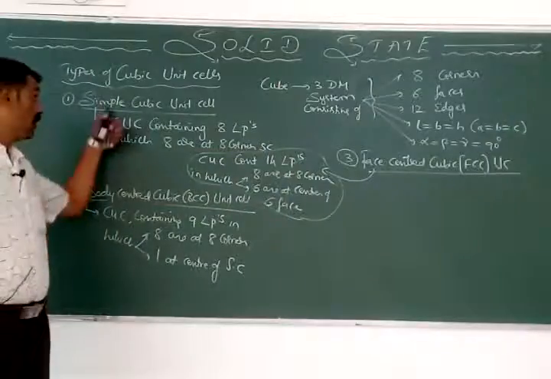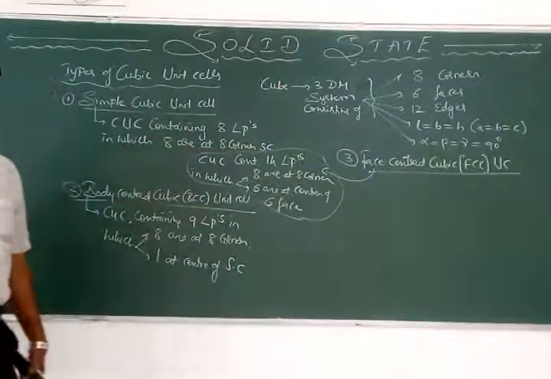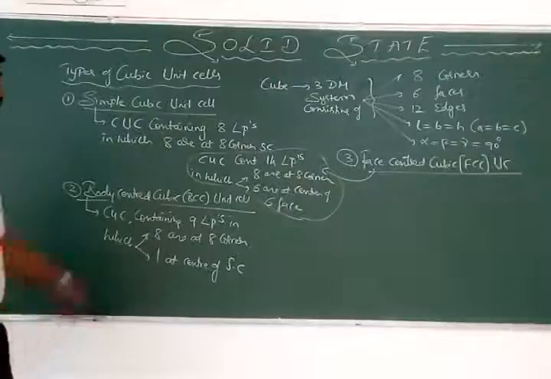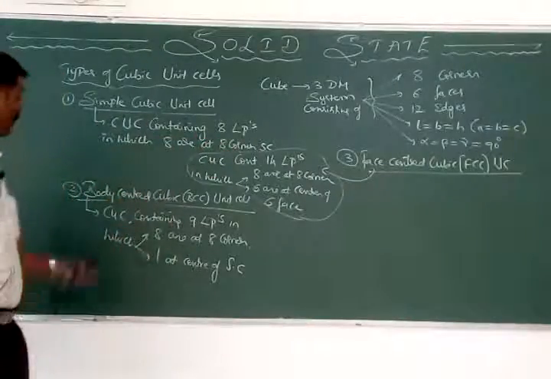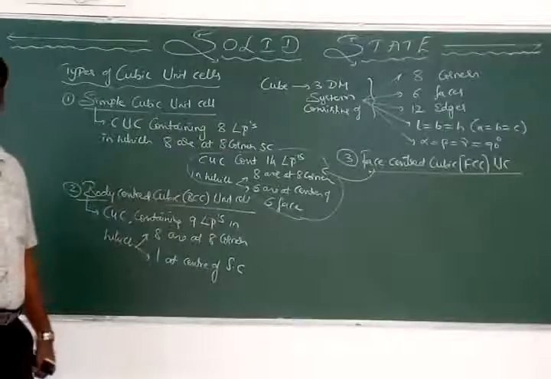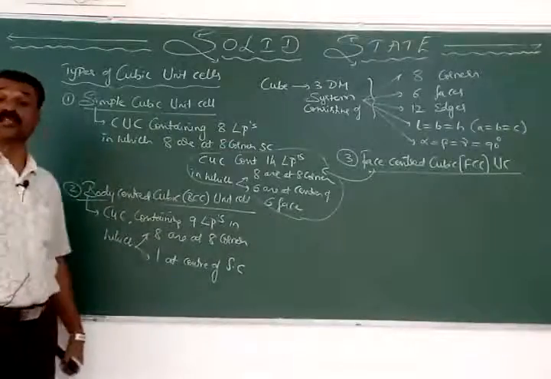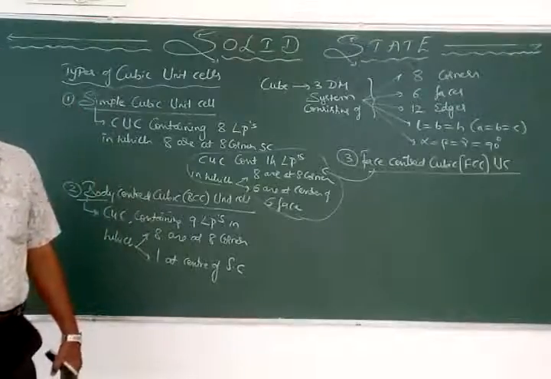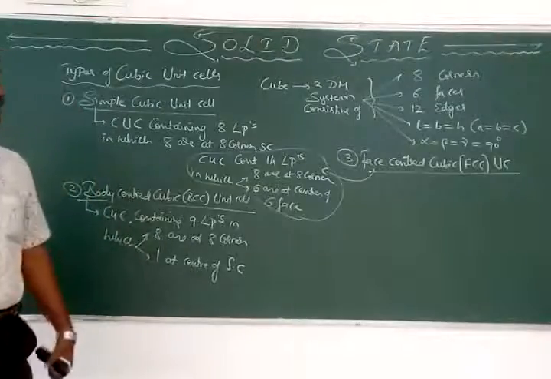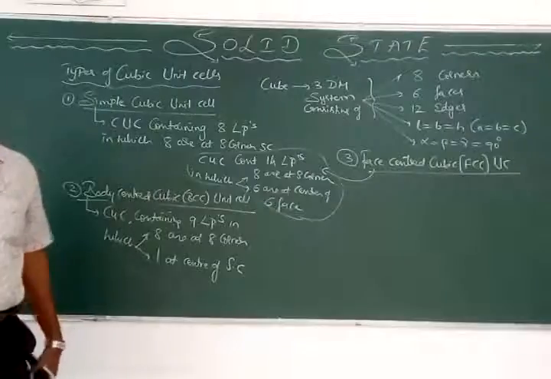Simple cubic has 8 lattice points, situated only at the corners. That is why it is called the simple cubic unit cell. Body centered has totally 9 lattice points, in which again 8 are at the corners and 1 exactly at the center of the simple cube. Suppose the cubic unit cell consists of totally 14 lattice points.